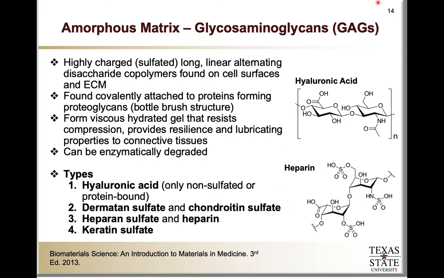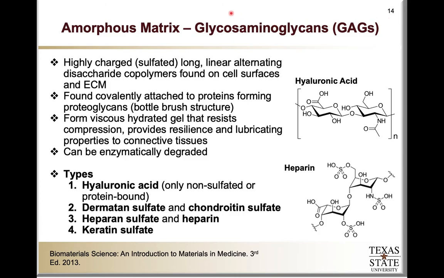In addition to the structural proteins of the extracellular matrix, we also have the amorphous matrix, which is an amorphous substance that typically consists of carbohydrate-bound proteins that has the function of providing resiliency and lubrication and resisting compression to the tissue.